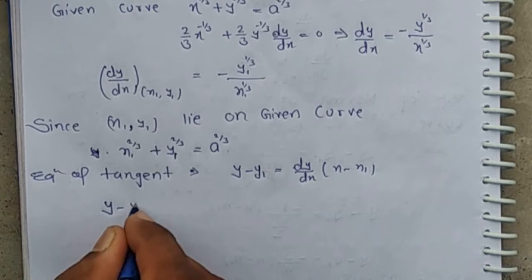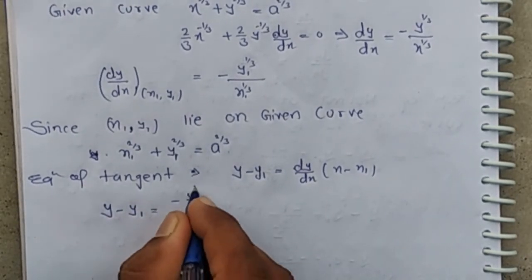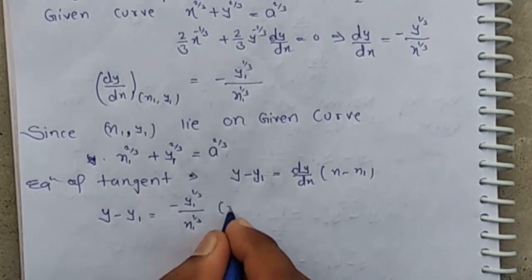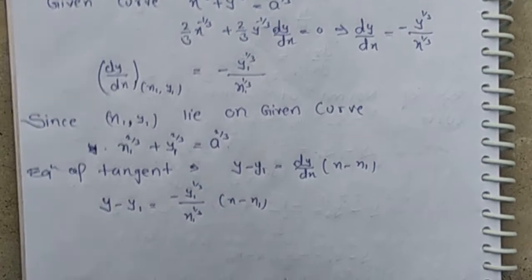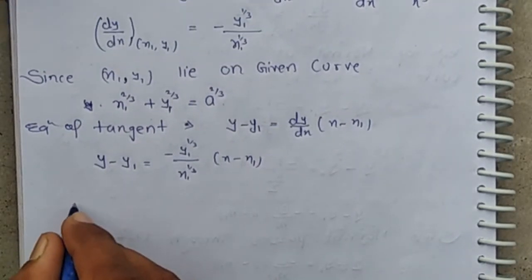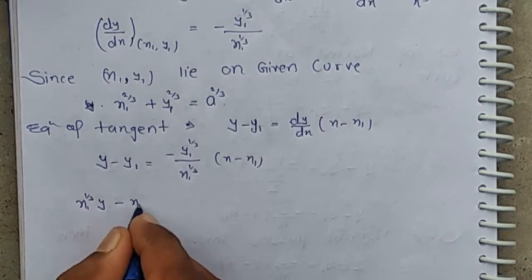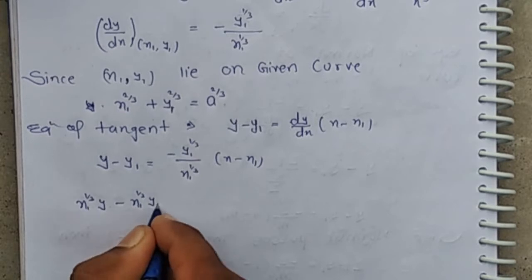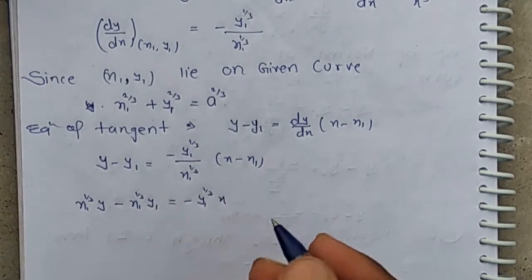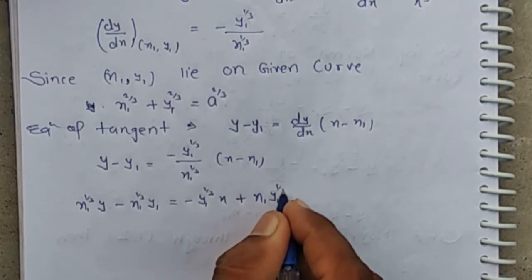Putting the value of dy by dx, the equation can be written as x1 to the power 1/3 y minus y1 to the power 1/3 x plus x1 y1 to the power 1/3.